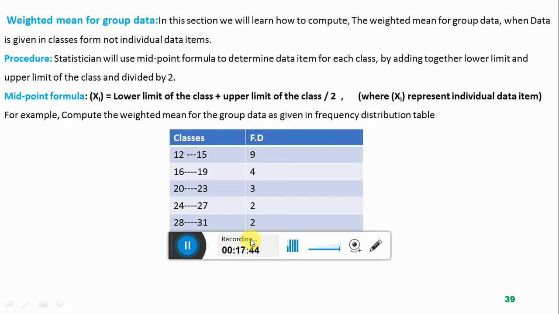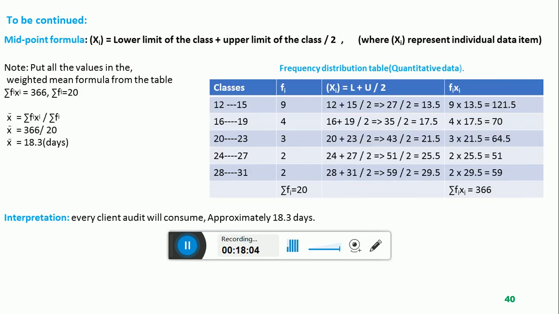Frequencies are given in the second column, and in the first column we have only 5 different classes. So data items are not given. In the very first step, the statistician has to develop 5 different data items for the 5 different classes using the midpoint formula.